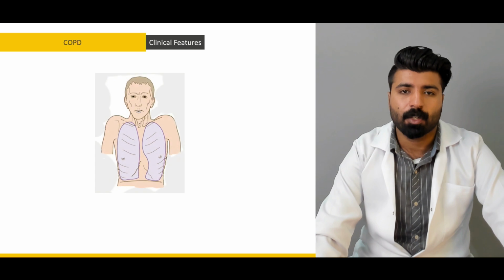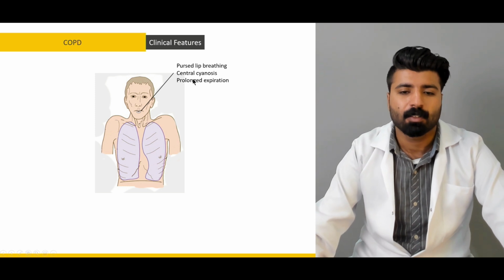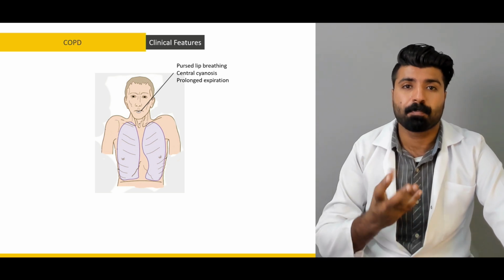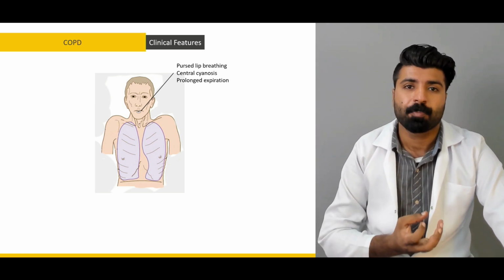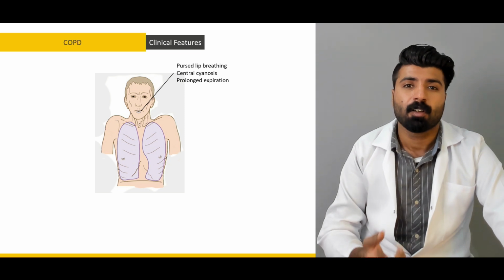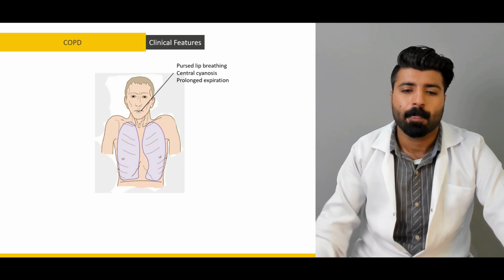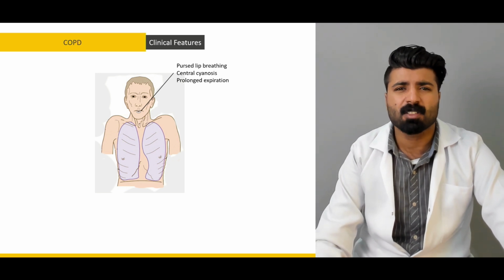So what are going to be the clinical features of it? The clinical features are going to be pursed lip breathing. I already told you about pursed lip breathing, that this is a way in which a patient provides himself with a pressure which is called back pressure, and that's how they keep the alveoli open. Then comes central cyanosis, because alveoli are destroyed mostly.